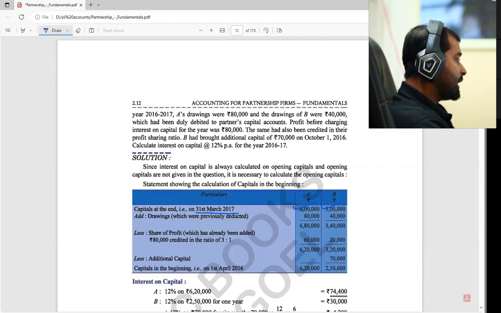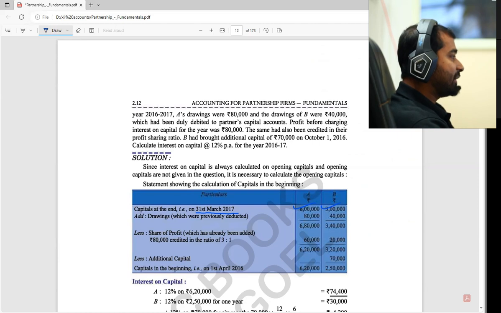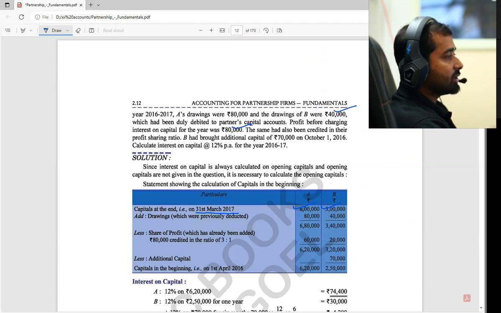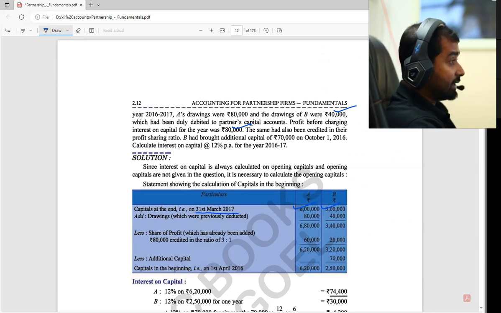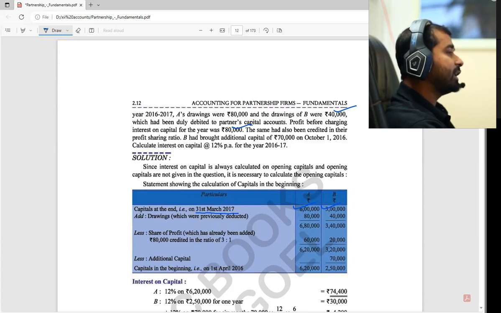Capital at the end, this one. After that, drawings that have been taken, 80,000 and 40,000. So that means if drawings have been taken, definitely those drawings should be added back for finding out the exact capital. Because these drawings have been taken, these drawings were already debited from the capital. You got the point of what I'm talking about?